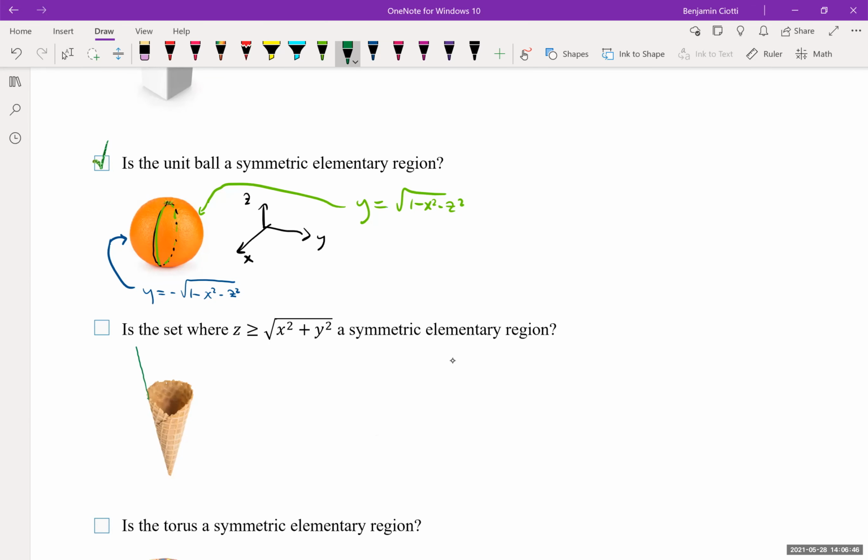Martha was asking if I used the given vertices. I used the given vertices to determine the dimensions of this tetrahedron.